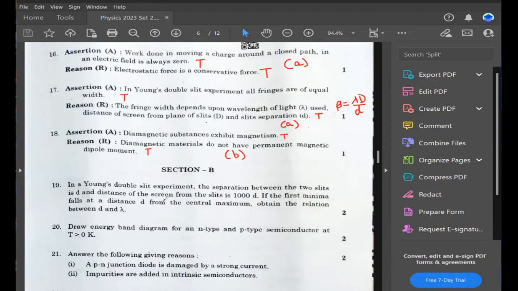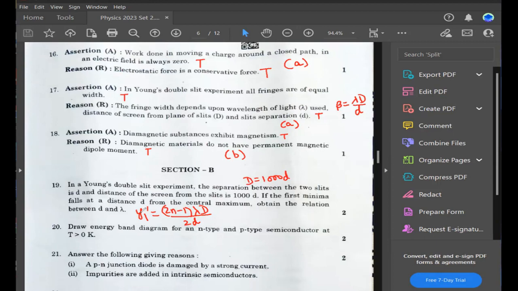Section B. Each question is of 2 marks. Given that the separation between the two slits is small d and the distance of the screen from the slits, that is capital D, is 1000 d. If the first minima falls at a distance small d from the central maxima. We know that the distance of the first minima from the central maxima, let it be y1 dash, is given by (2n minus 1) lambda capital D upon 2d.